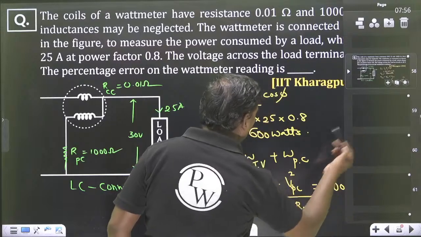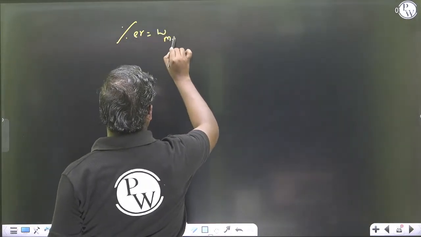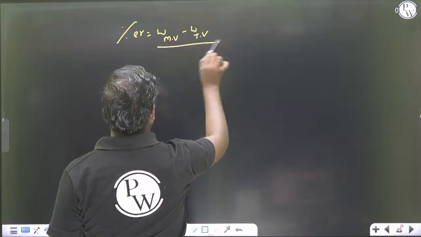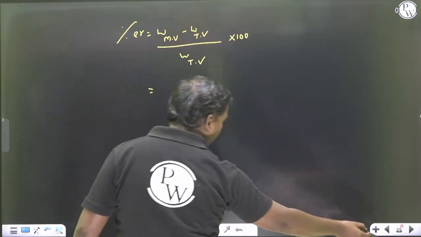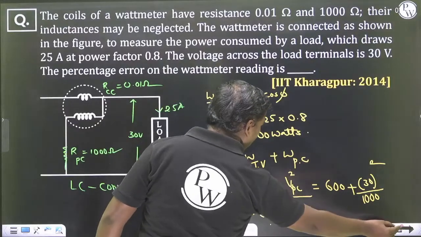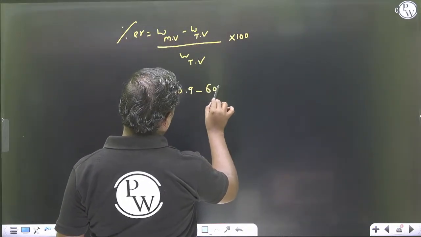मेजरमेंट वैल्यू कितना है, 600.9, ट्रू वैल्यू 600.